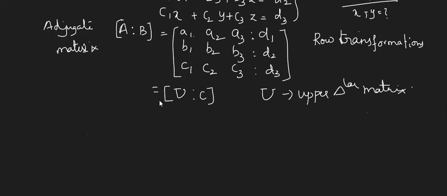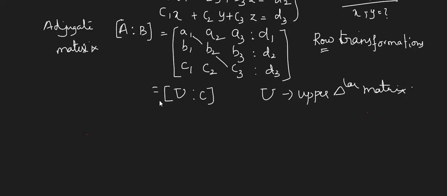For this matrix, this is the diagonal. Below this diagonal, if all elements are 0, it is called upper triangular. As we did in rank, I have to reduce b1, c1, c2 to 0 by applying row transformations.